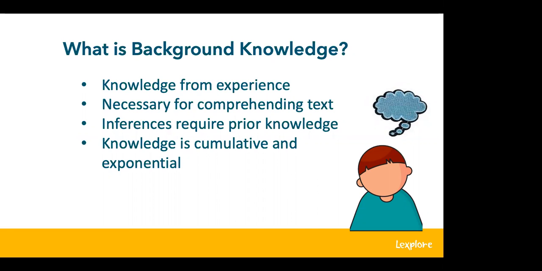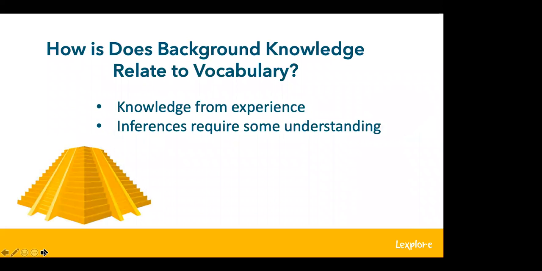So how does this relate to vocabulary? Well, if you relate vocabulary to knowledge, you can see how the cumulative, exponential action works. Readers learn unknown words by analyzing the context to decipher meaning, right? So vocabulary development and comprehension are reciprocal in that way.